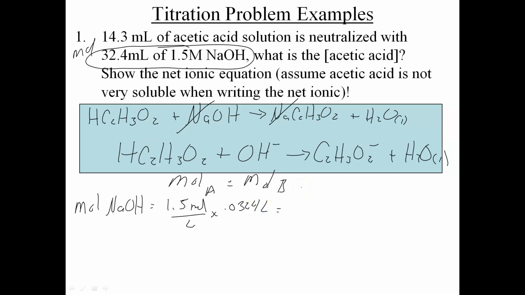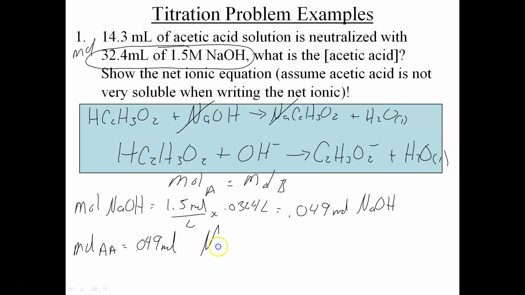That gives us 0.049 moles of NaOH. 0.049 moles of NaOH was used to reach the equivalence point, which means we also have 0.049 moles of acid. So the moles of acetic acid is equal to 0.049 moles. Okay? I want to find the molarity of the acid.